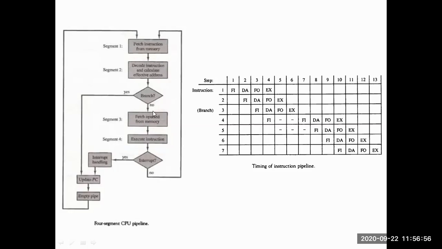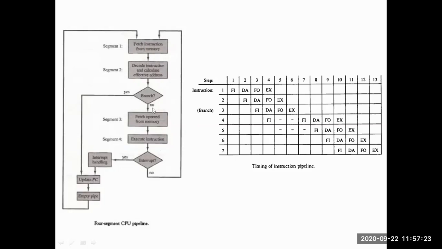Otherwise, it will be a clear pipelining concept. How? Say for example, the computer starts executing instructions. It takes instruction number 1 here. Instruction number 1 is fetched in the first clock cycle. Then in the next clock cycle, instruction 1 is in this segment, but instruction 2 at the same time starts to be fetched.